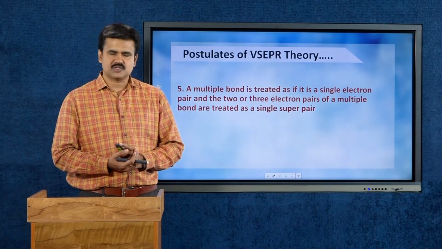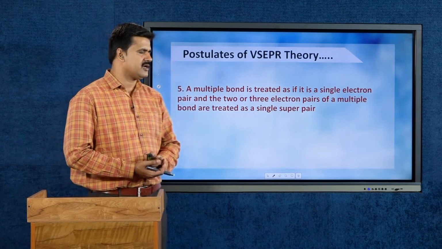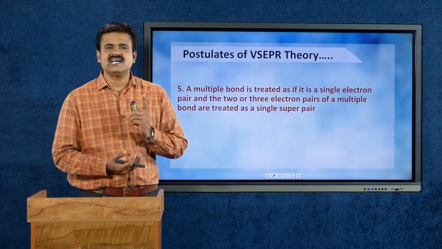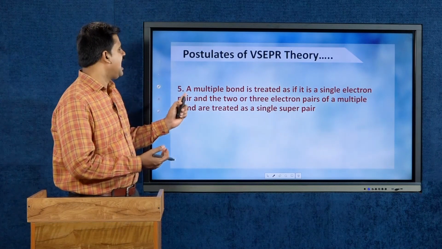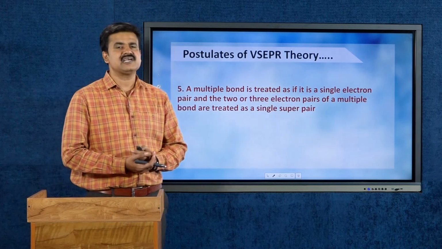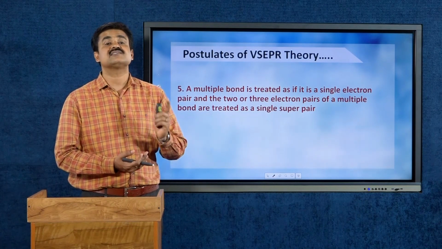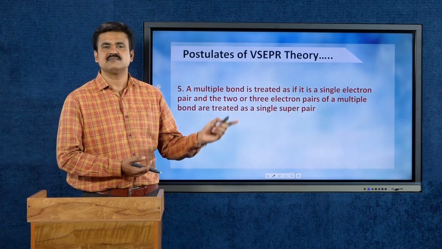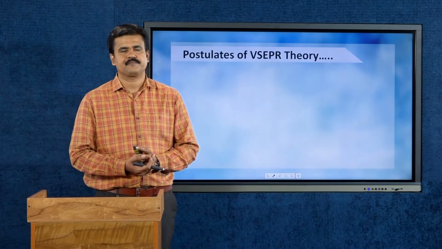This is the next postulate, the fifth postulate. A multiple bond is treated as if it is a single electron pair, and the two or three electron pairs of a multiple bond are treated as a single super pair. This is an assumption that we are using in VSEPR theory.